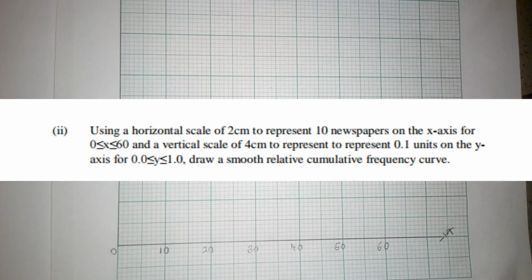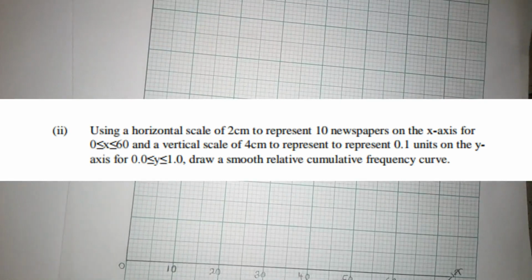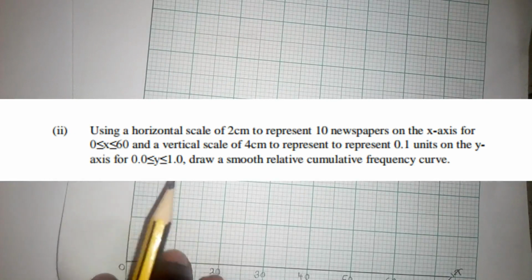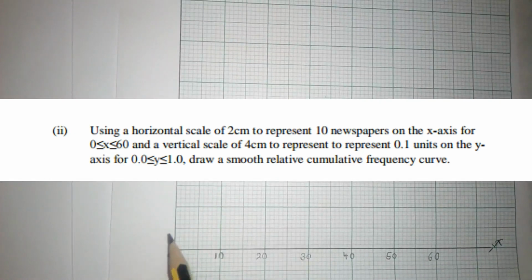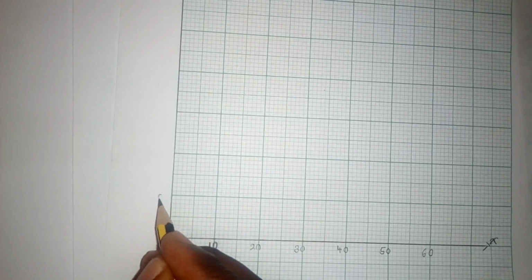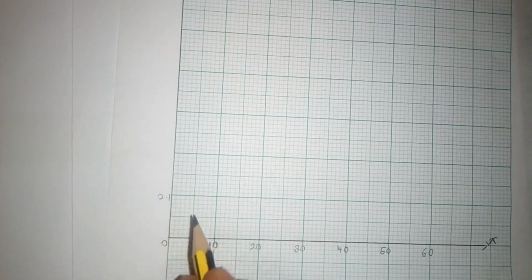2 centimeters to represent 0.1 units on the y-axis. So 0.1 on the scale 0 to 1. Here it's supposed to be 0.1, 0.2.